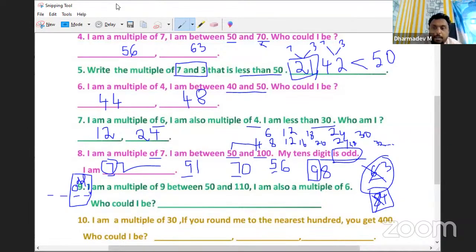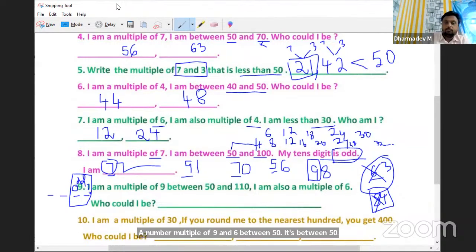A number that is a multiple of 9 and 6, between 50 and 110.